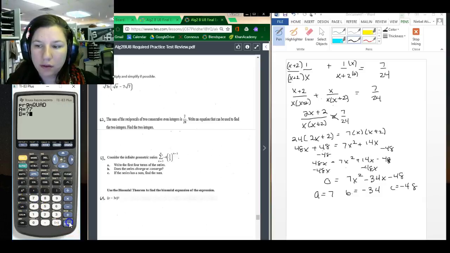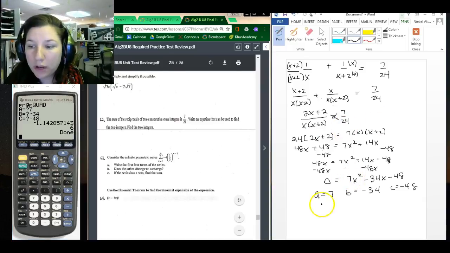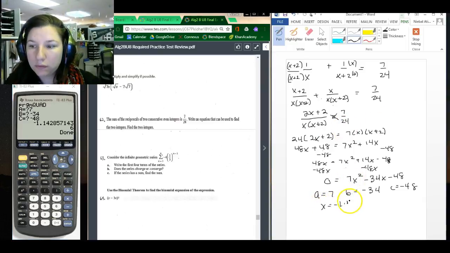A is 7, b is negative 34, c is negative 48. And because of the quadratic, you do get two solutions. Okay, but we're looking for two even integers, so x equals 6 is the even number out of those two options.